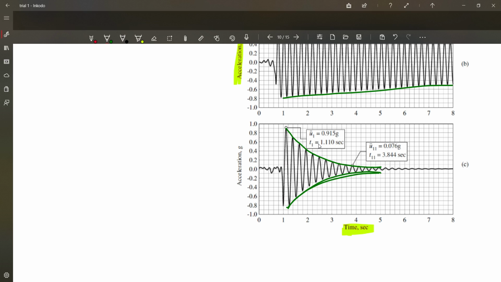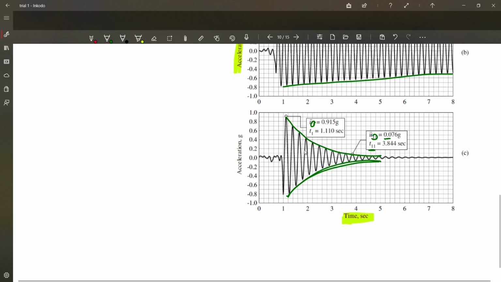After several cycles, we found that u double dot after 10 cycles, because this is u1 and here u11, reduced to 0.07 at 3.844 seconds. So this means we have decay of the motion within almost 2.7 seconds.